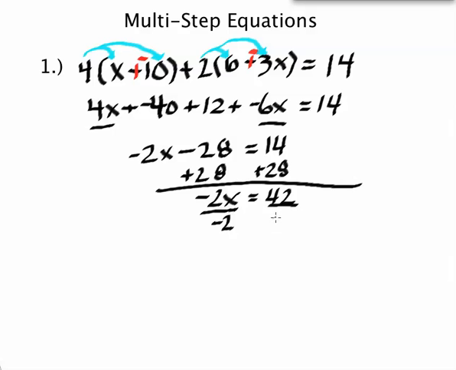Remember, when I have x next to a number with no operation sign in between, it means multiplication. So to undo multiplication, I need to divide. Negative 2 divided by negative 2 is positive 1, which will give me a positive x, positive 1x. 42 divided by negative 2 is going to give me negative 21.